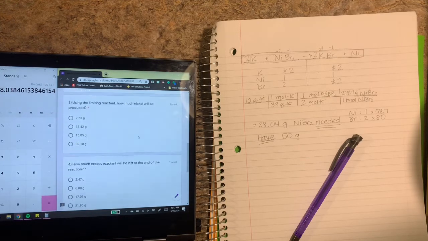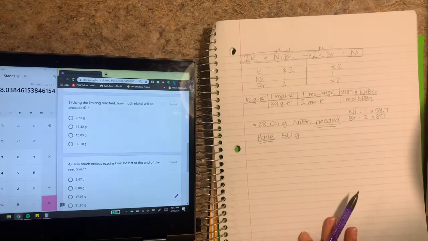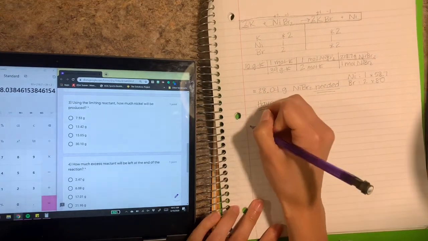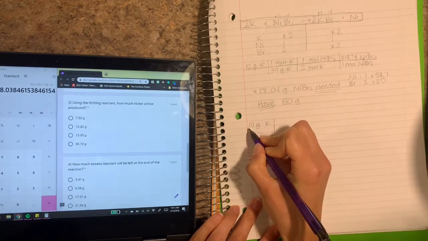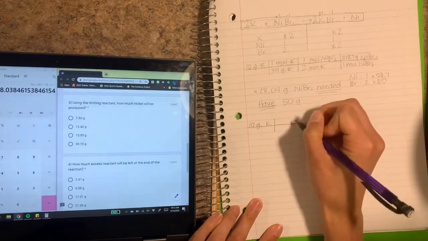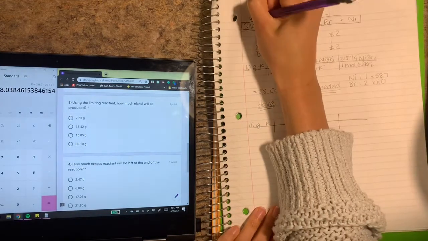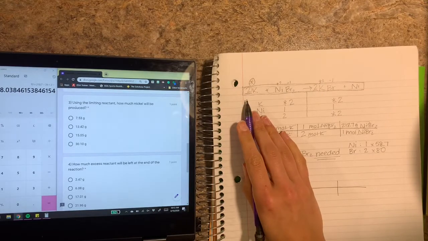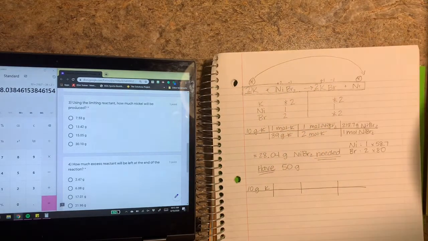Okay, moving down, we have done this problem before as well, but it's asking, using the limiting reactant, how much nickel will be produced. So I'm starting with the limiting reactant, which we just found was potassium. So I'm going to start again with the 10 grams of potassium. And we are going to go through the same process, but instead of going to nickel bromide, we're going to start at the potassium, and we are going to the nickel.